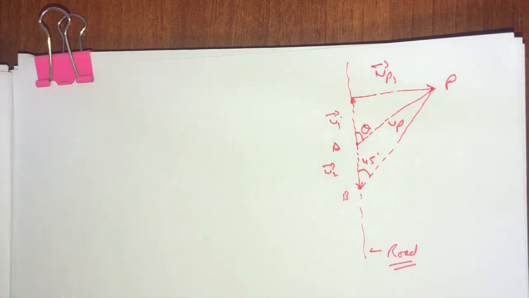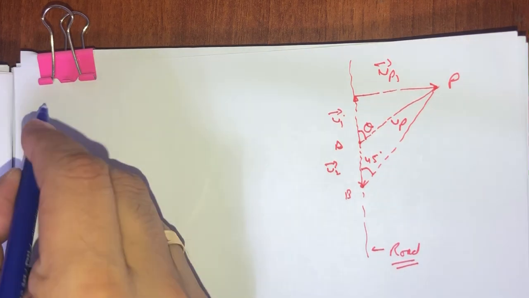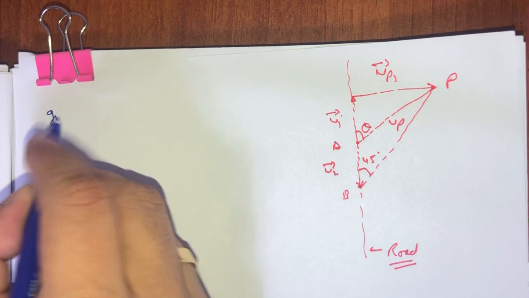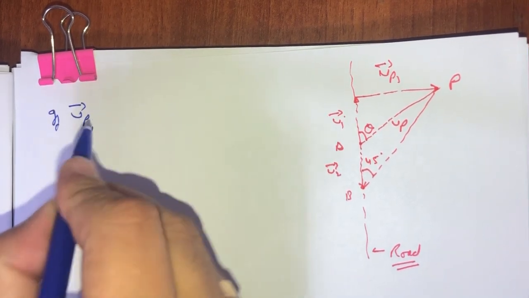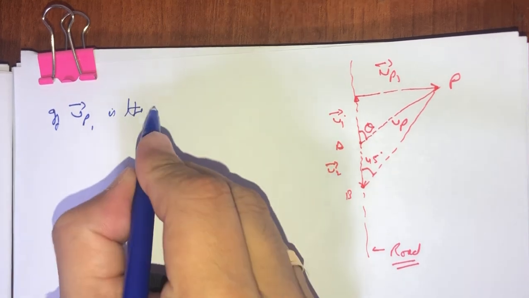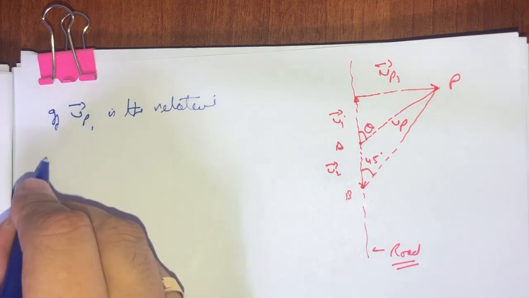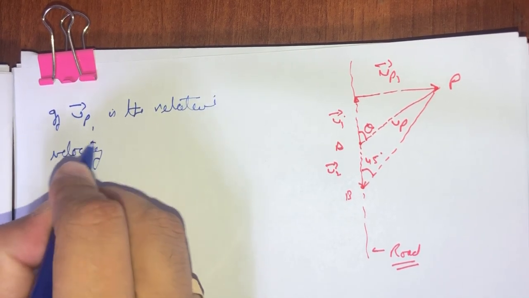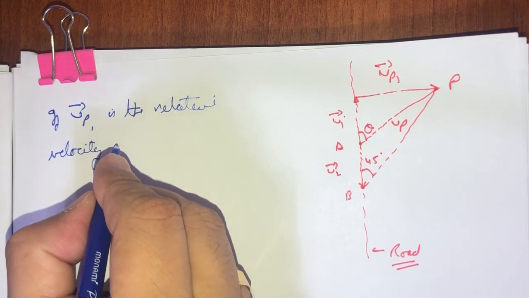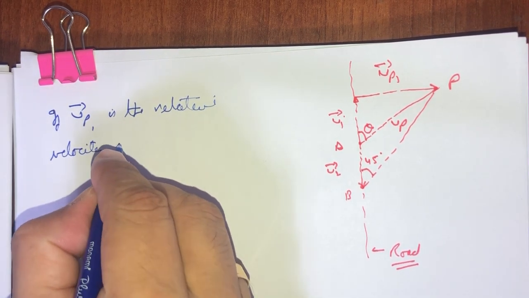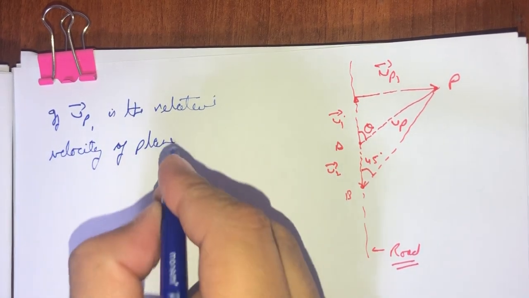Let us say Vp1 is the relative velocity of the plane with respect to ground.